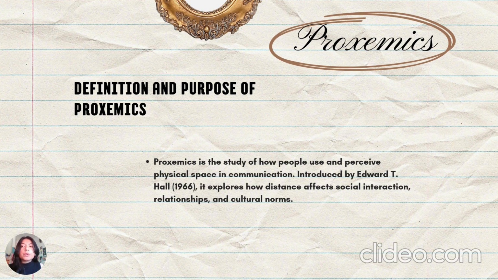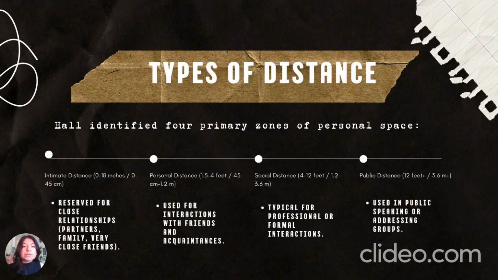It explores how distance affects social interaction, the relationships that we have, and cultural norms. So, the purpose of studying proxemics is to understand nonverbal communication to prevent misunderstandings and improve interpersonal and cross cultural interactions.